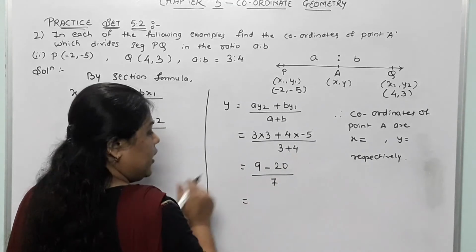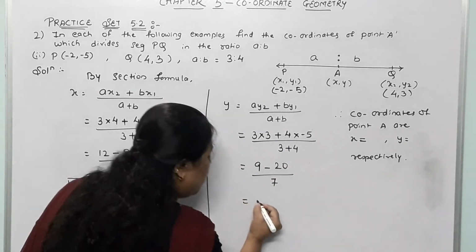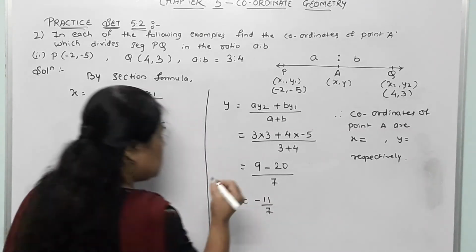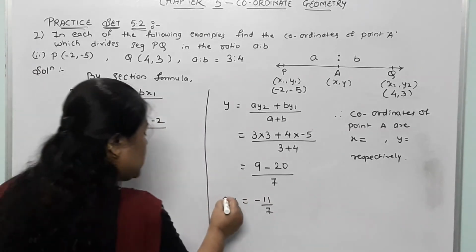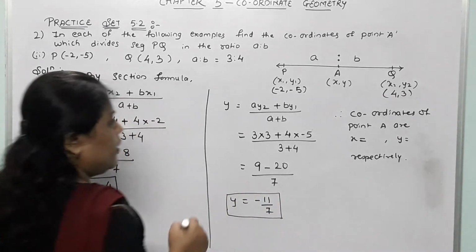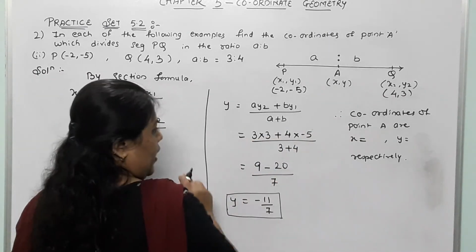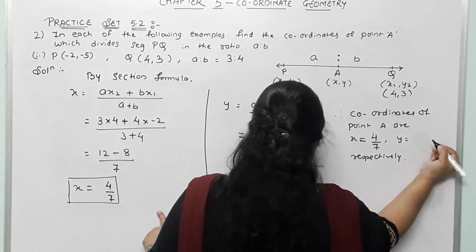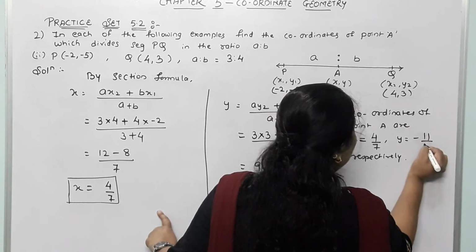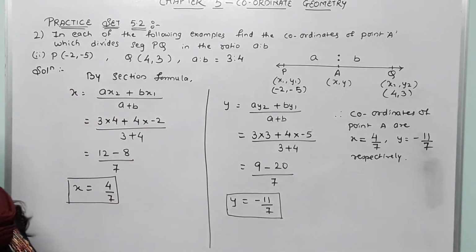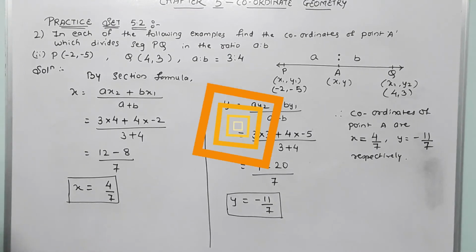Now 9 minus 20 will be equal to what? Minus 11 upon 7. This way we are getting the value of x and y here. Yes, the coordinates of point A are, for x it is 4 upon 7 and for y it is minus 11 upon 7. Note down the answer, then we will see our third sub question.